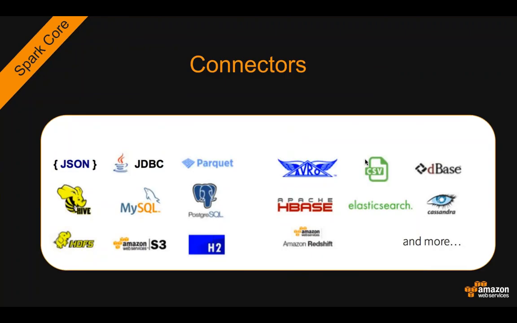Some of the connectors that come either out of the box or via third parties are specific to particular data formats, such as JSON, Parquet, Avro, and CSV, for example, but also other engines, such as HBase, Elasticsearch, Postgres, Redshift, Hive, and then other locations for data as well, so HDFS and also S3. So it's tremendously rich in terms of allowing you to get to pretty much any type of data set and then be able to analyze it.